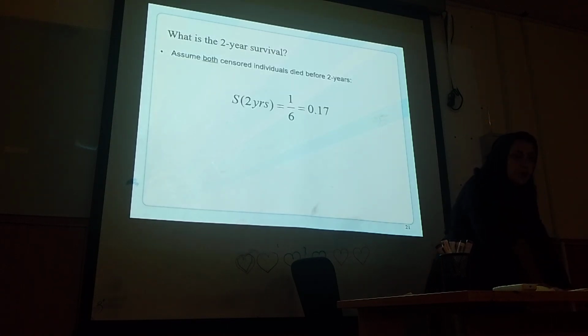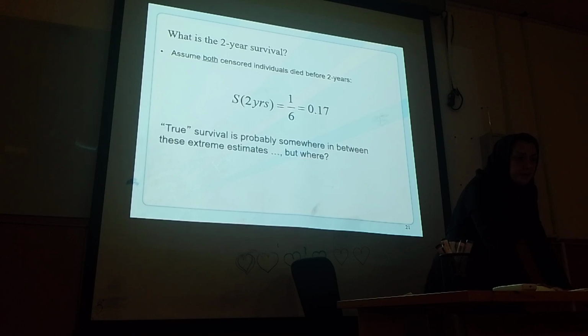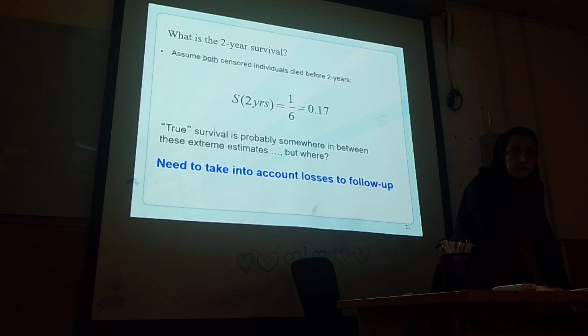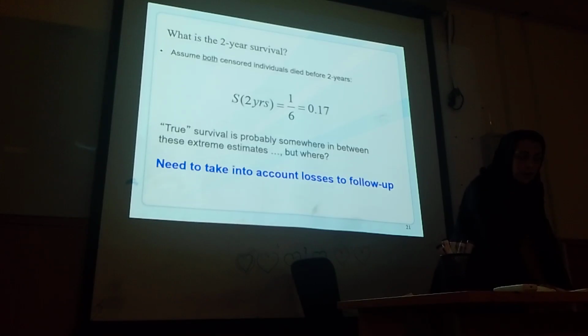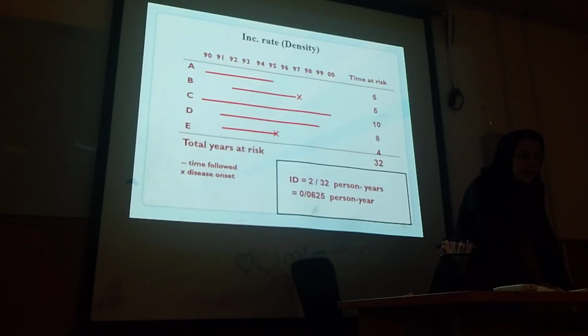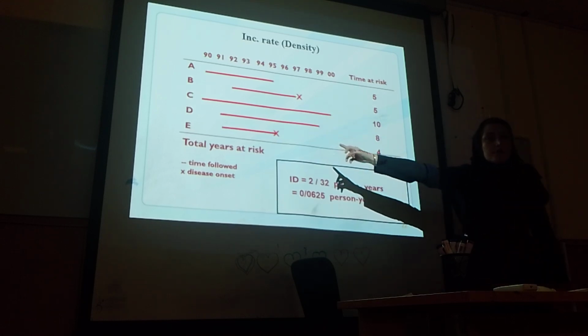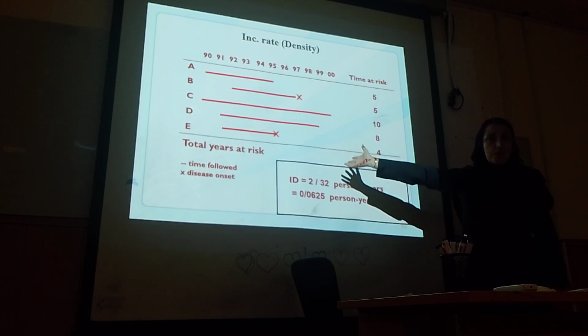So what is the solution? We found that there is a need to take into account losses to follow up. How? We can calculate the number of months that we have followed that population.